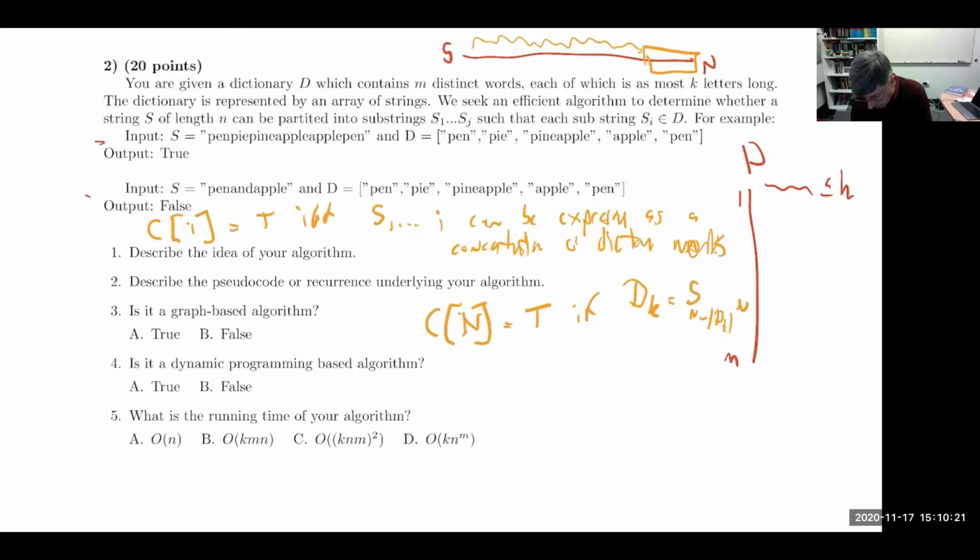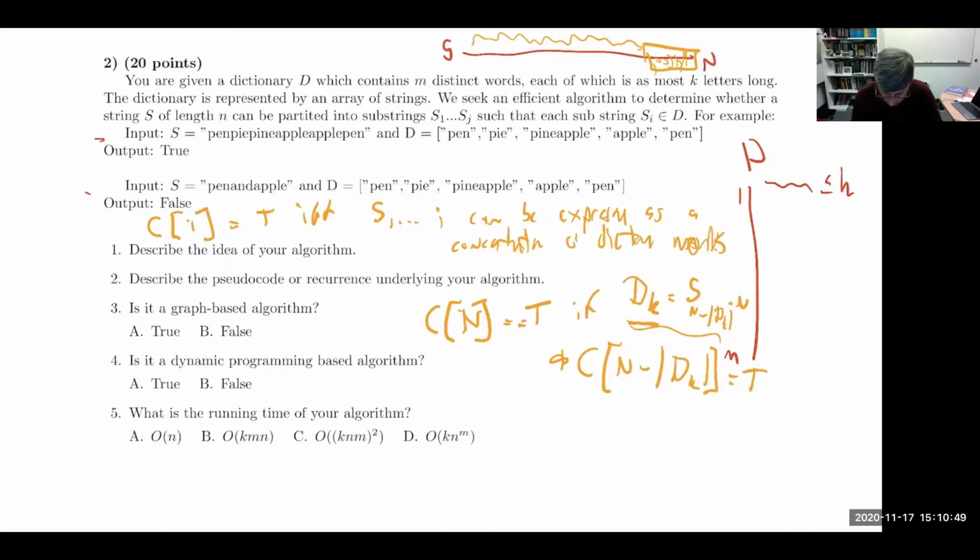My notation may be bad, but what am I saying here? If the last characters of my string match a particular word d sub k, and C sub n minus the length of d sub k is equal to true. So what am I saying?